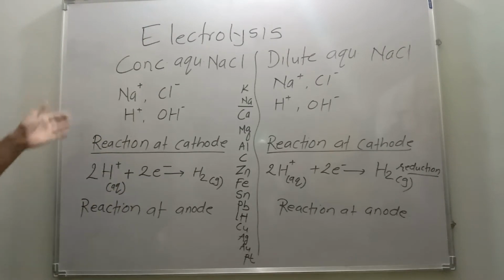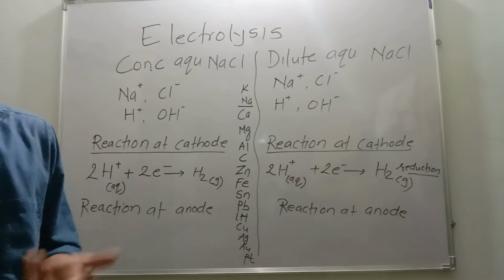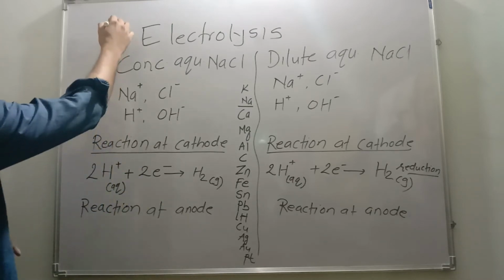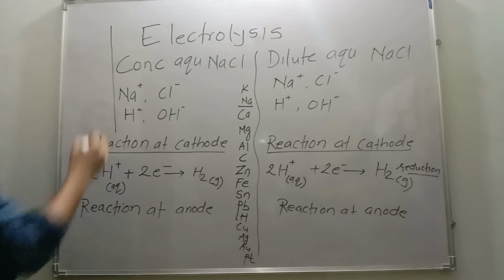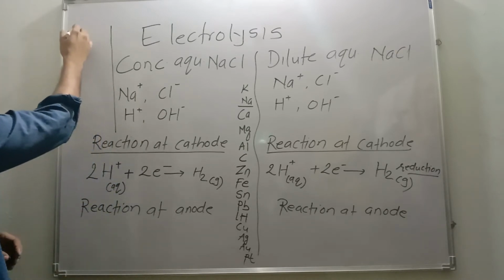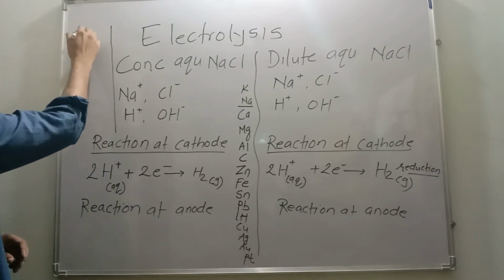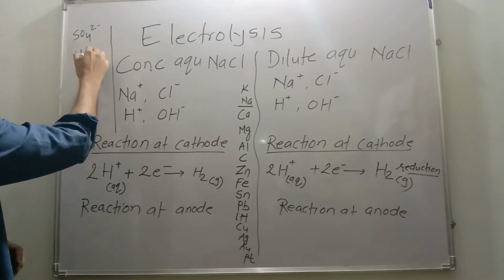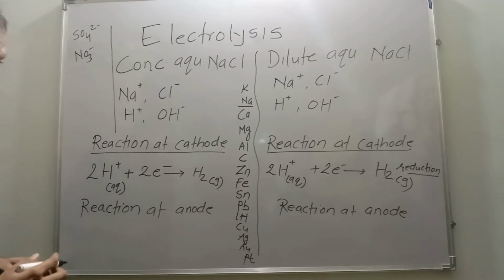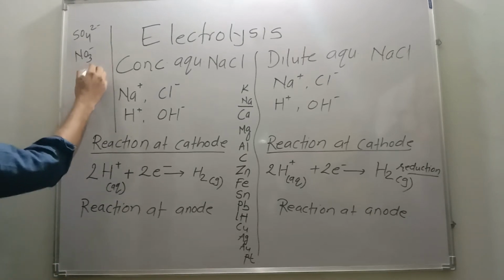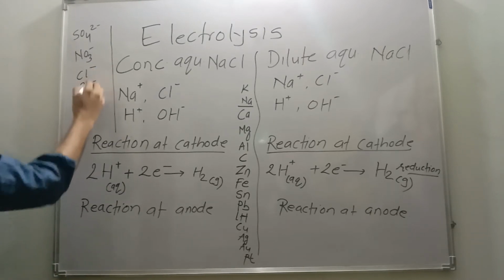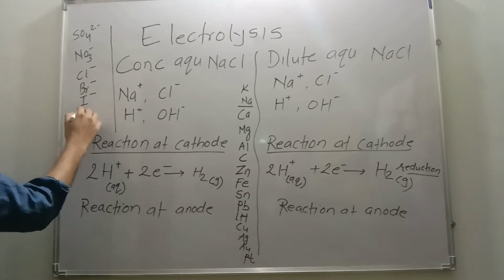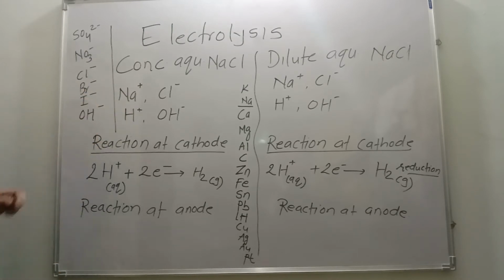I will write it down here, the preferential discharge of anions. First we have the sulfate ion, then the nitrate ion, another one chloride ion, bromide ion, iodide, and hydroxide. This is the anion series.